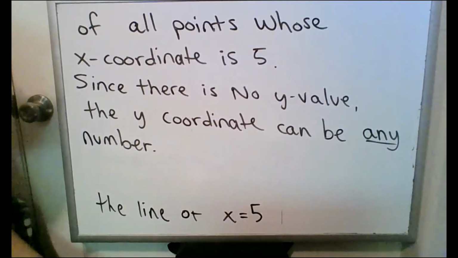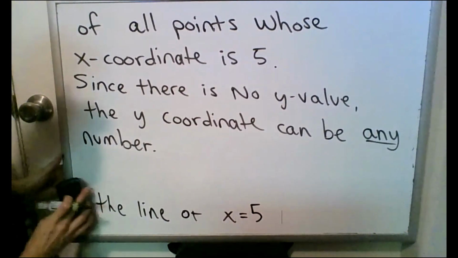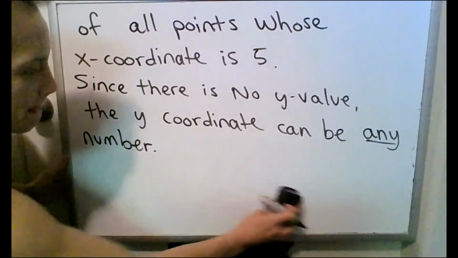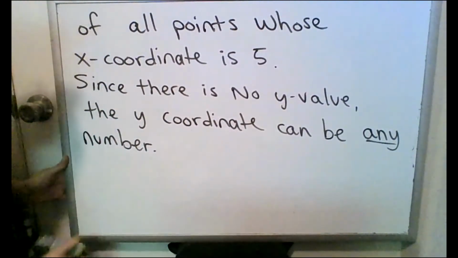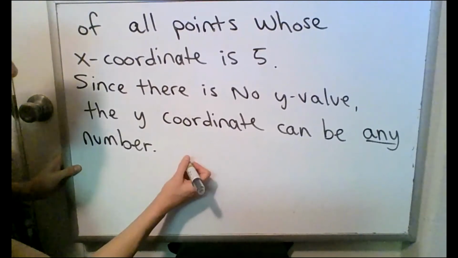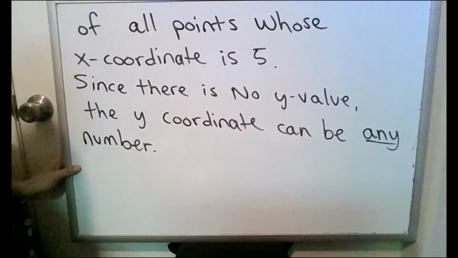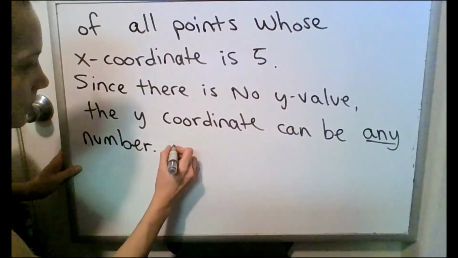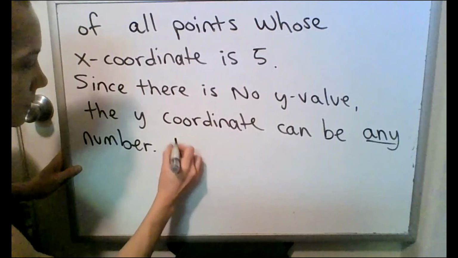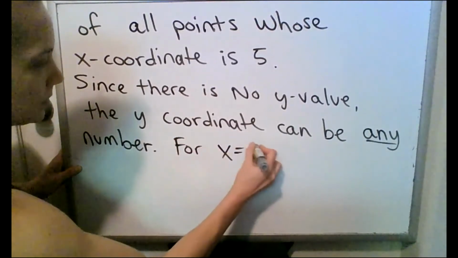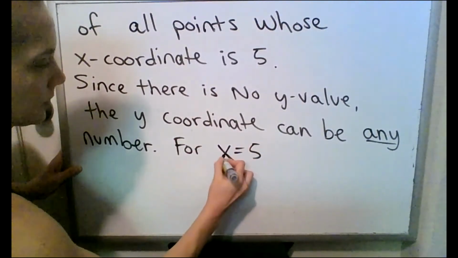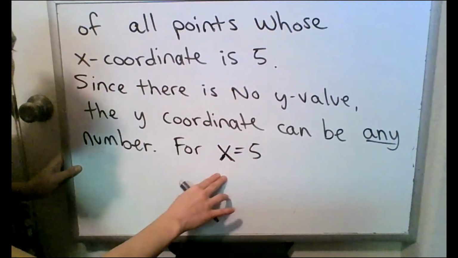Okay, so let's say we're looking at, how do we do this? So when you have x equal to 5, let's just write some points.